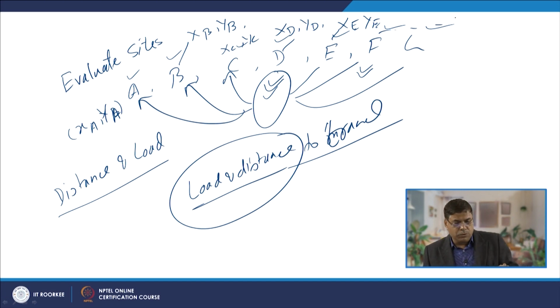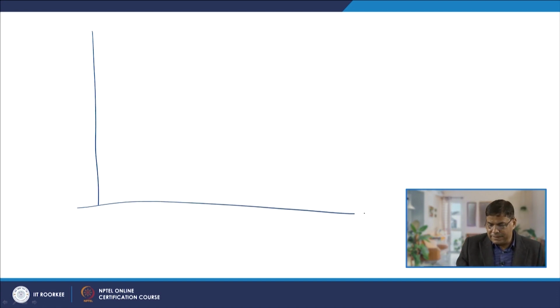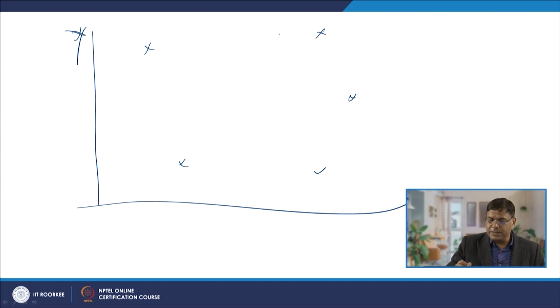So, what we have to do is we will understand in terms of this plot of y and x. Here we have all these plants, all these distribution points like A, B, C, D, E, F and G.